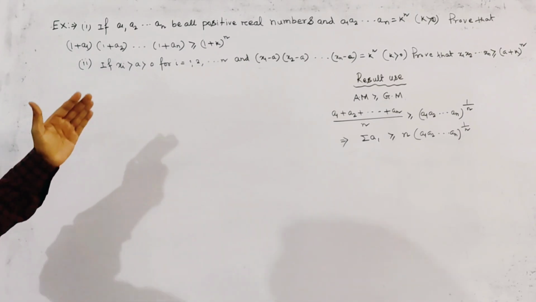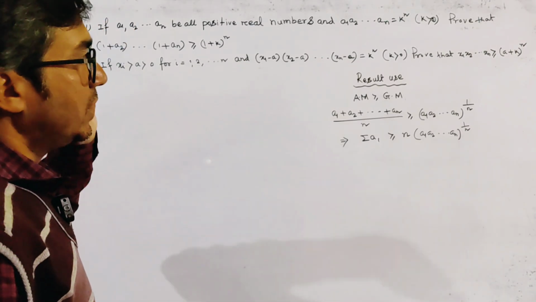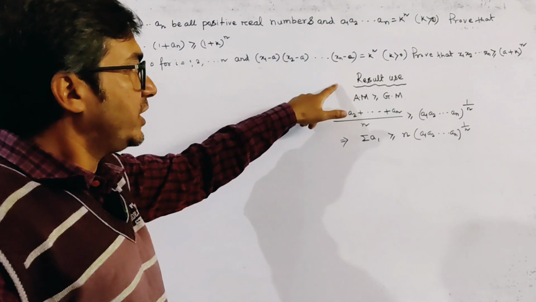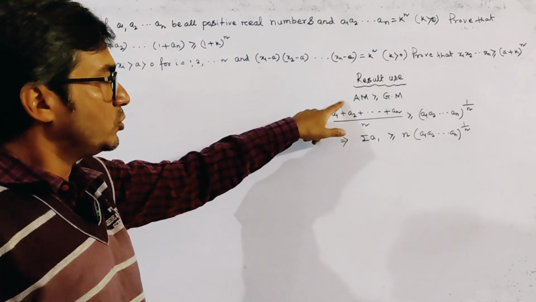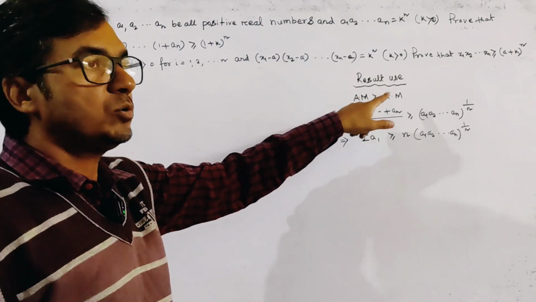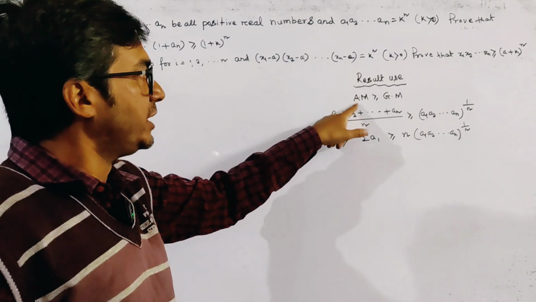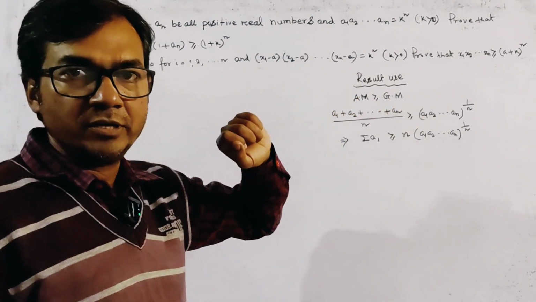Okay, and to prove this result, we use a very popular result, which is known as AM greater equal to GM, that is, arithmetic mean greater equal to geometric mean.